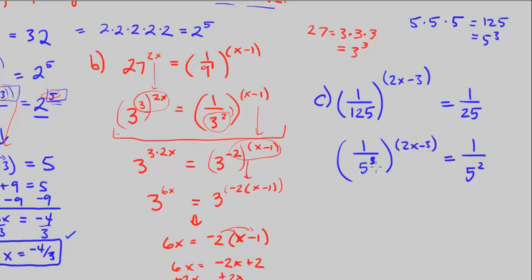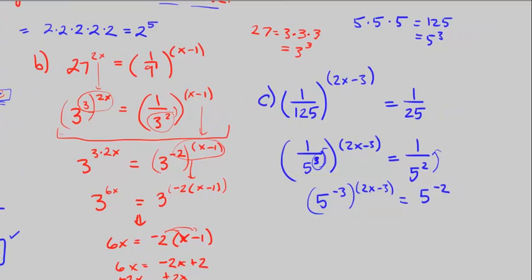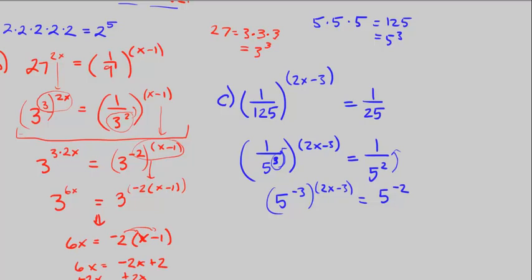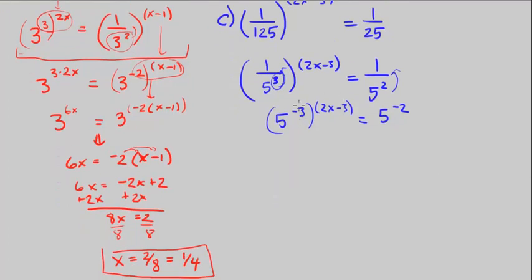Okay, again, we can move the denominator into the numerator by making the power negative, switching the sign of the power. So that's 5 to the power of -3 to the power of 2x minus 3 equals, again, we can move it up by changing the power to a -2. Okay? And now we just want to simplify this.